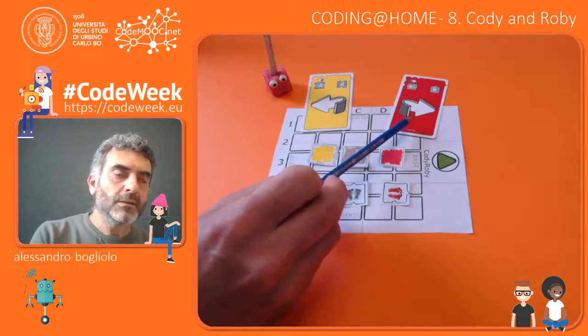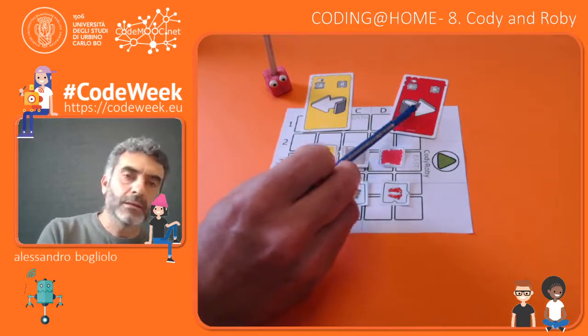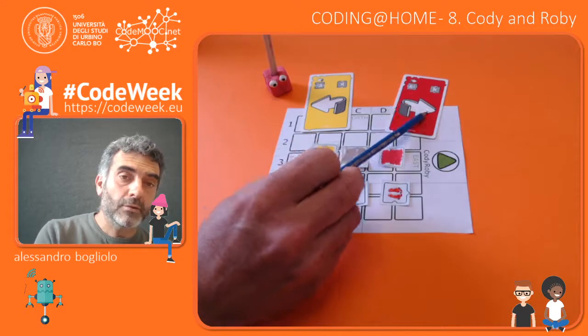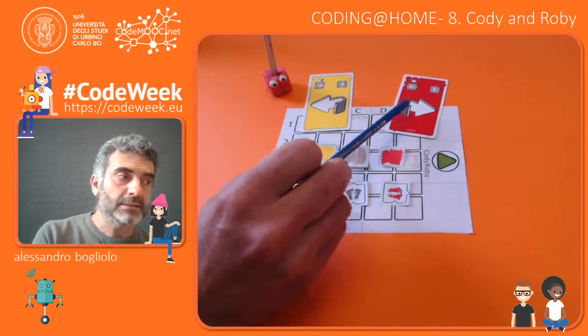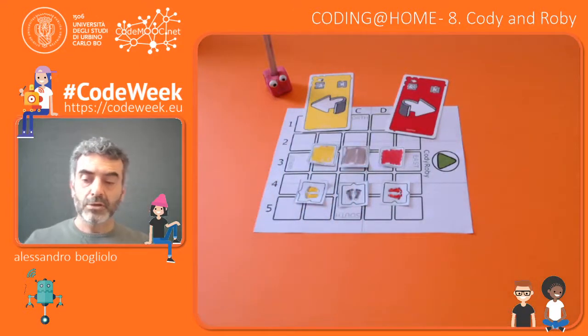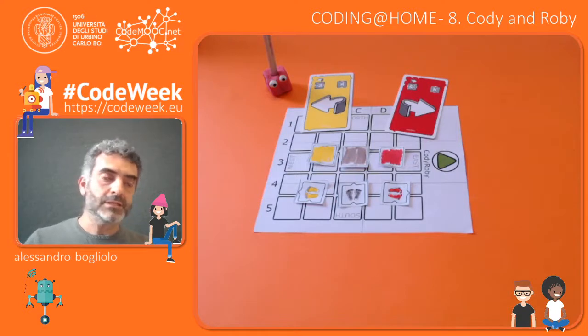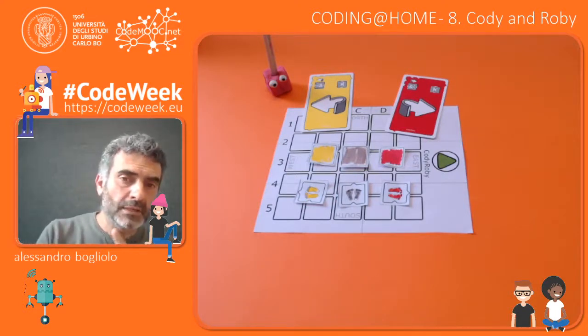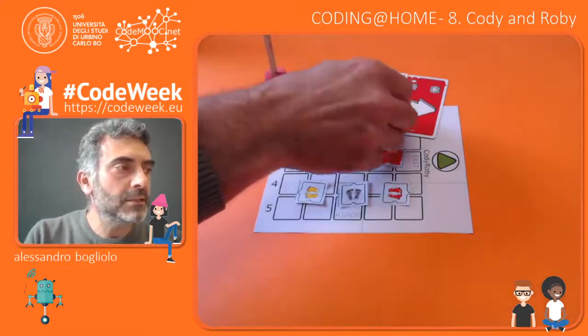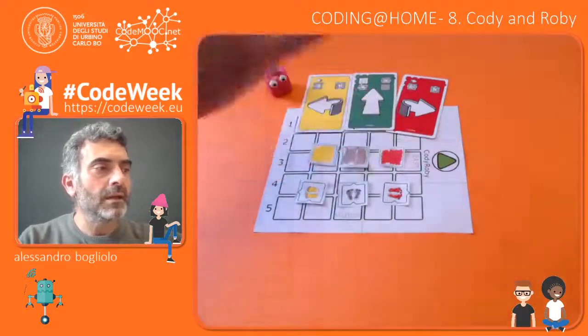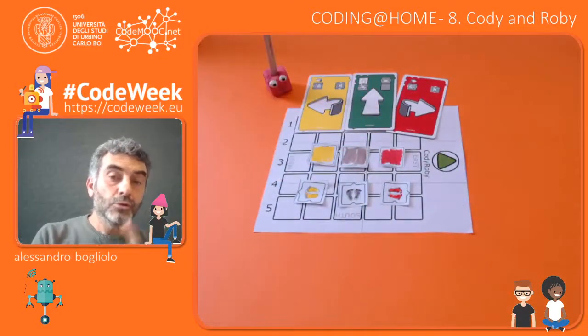The red one with the arrow to the right means turn right. And then we need a third instruction, which is no longer a gray one, but a green one. Do you know why?